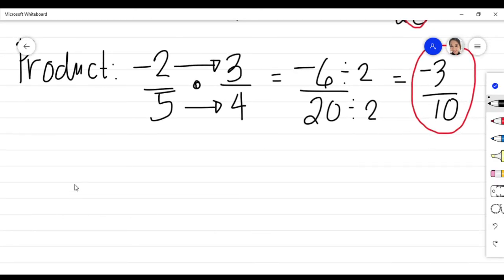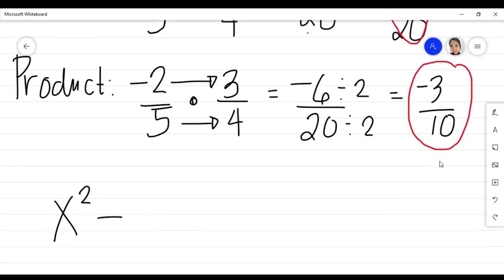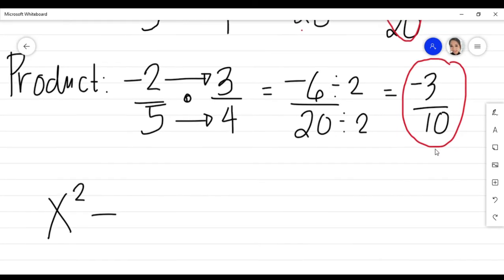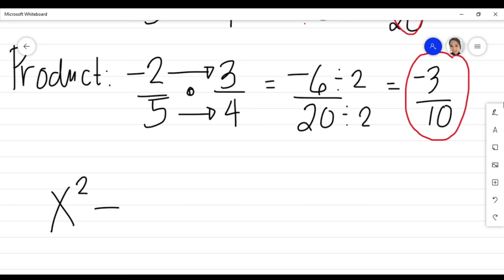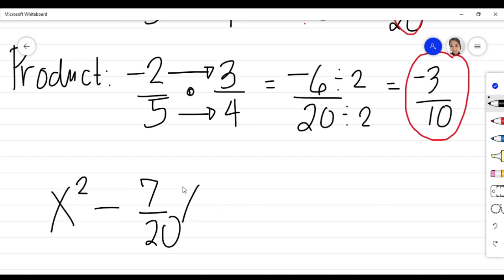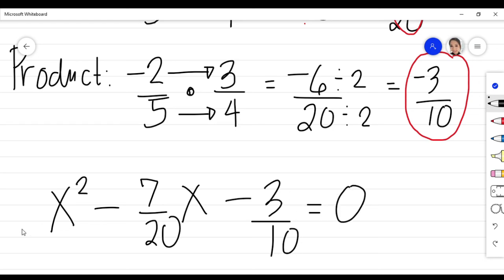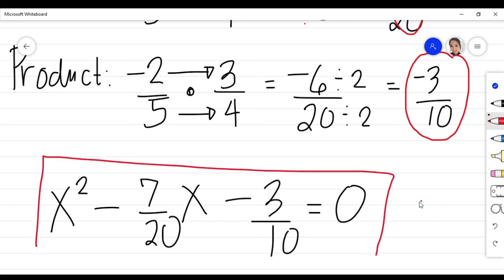That is x squared minus 7 over 20 x minus 3 over 10 equals 0. So this is our quadratic equation. Actually, this quadratic equation can still be simplified or reduced. However, I will discuss this later on.